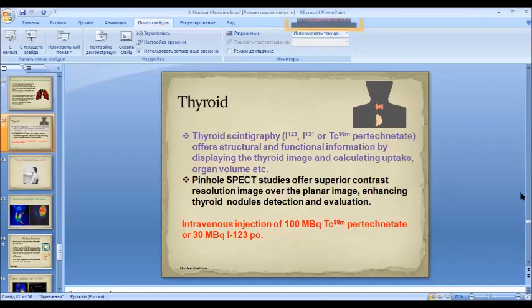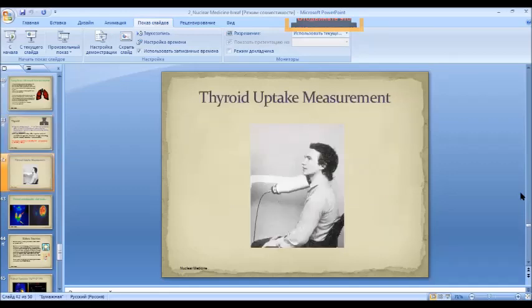Usually it's done by intravenous injection of technetium pertechnetate or different isotopes of iodine which have affinity especially to thyroid tissues. Here is an example. It's a very old photo technique of registration of thyroid uptake of radioisotopes, known for many decades.